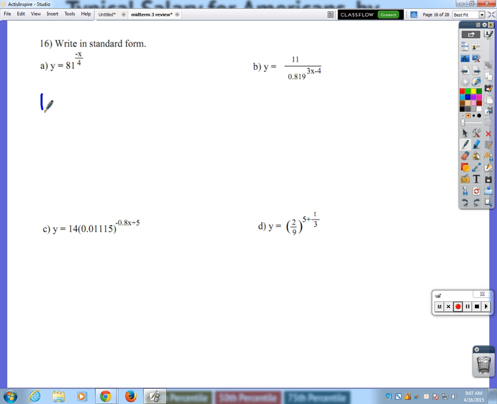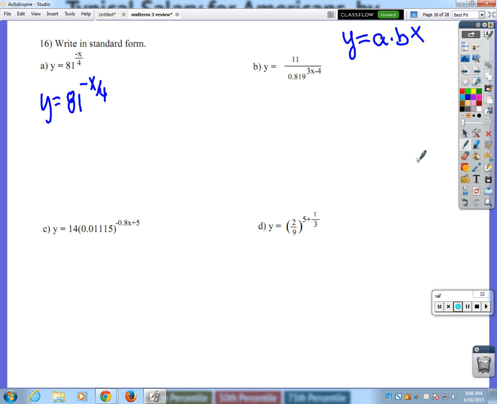So let's do this in standard form. So how do we do this in standard form? Do you remember what standard form means? It's easy. Okay, so we don't have a number to the x, we have a number to the negative x over 4, so how do we change that to a number to the x?